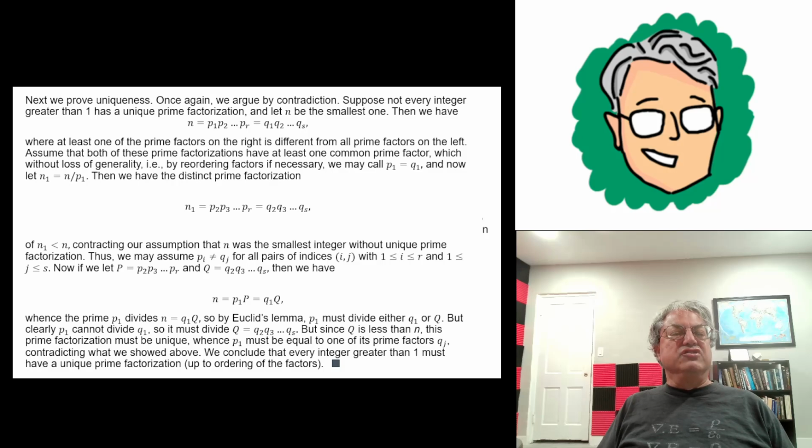Well, it can't divide little q1, because if it did, it would be equal to it. They're both prime, but we already assumed that little p1 and little q1 are different. So it can't divide little q1. That means it has to divide capital Q. But here's where we get a contradiction.